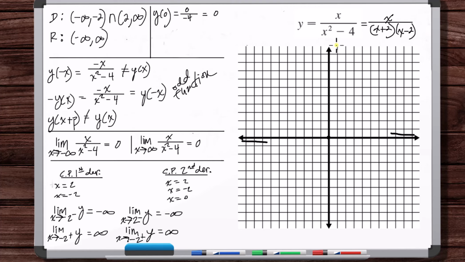All right, let's add in the vertical asymptotes. We can see that minus 2 and 2 are vertical asymptotes. So the axes will go from minus 10 to 10 and 6 to minus 6. All right, minus 2 and 2 are vertical asymptotes.